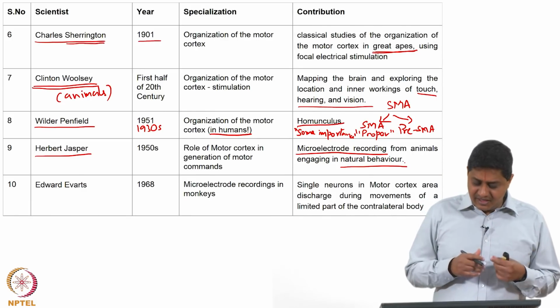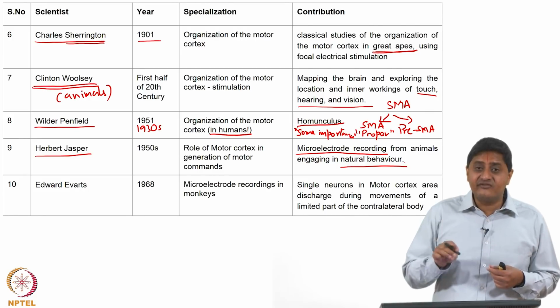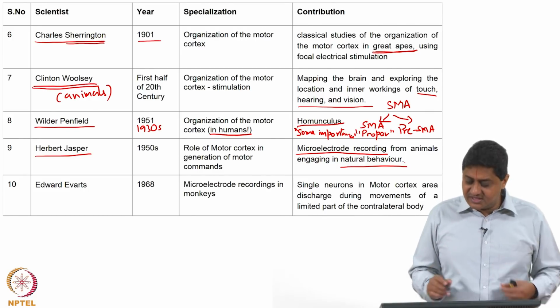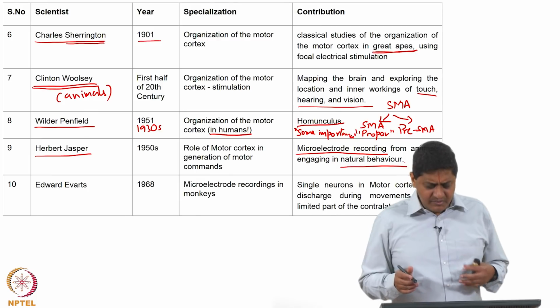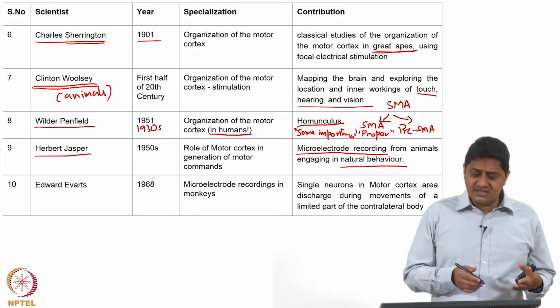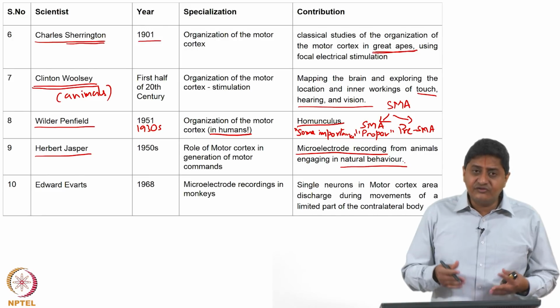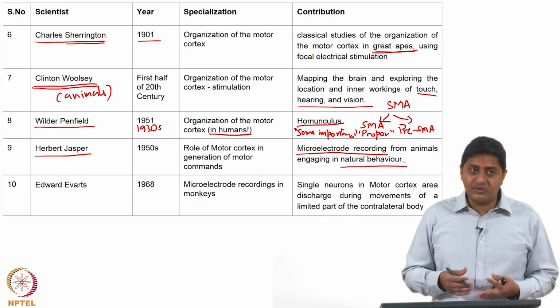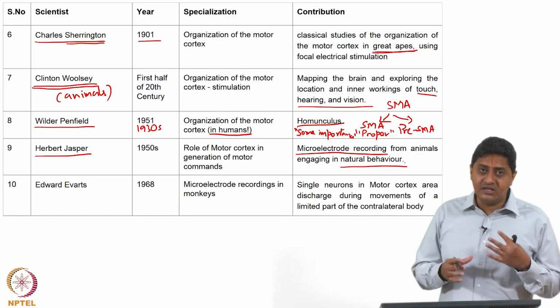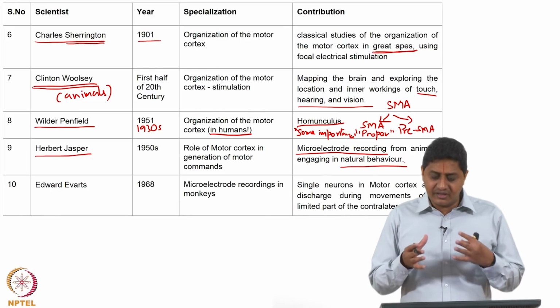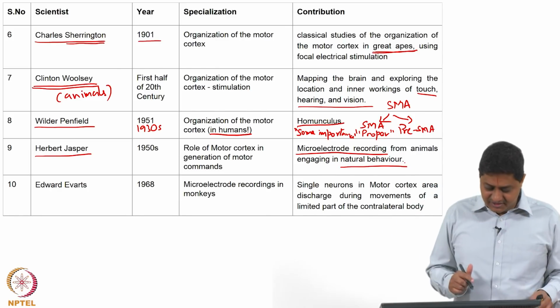And then when they are making movements, you could record the activity in different parts of the brain. So, this is microelectrode recording. Let us also remember that the technology required for these types of approaches also developed at around the same time in the post war period. So, there are multiple factors that have led to the development and improvement of knowledge in this field.